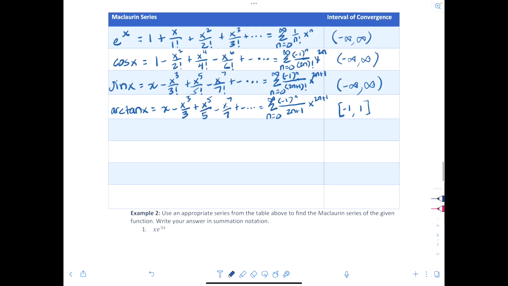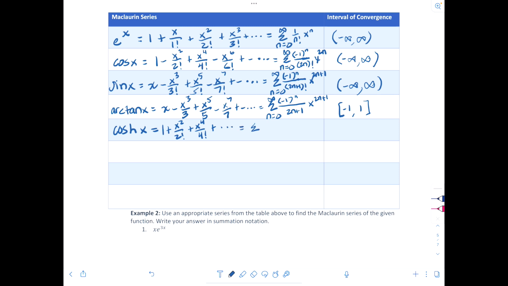And here's a couple you might not have used before, but might be useful for purposes of this class. So I'm just going to give you the formulas. This is the hyperbolic cosine and the hyperbolic sine. So hyperbolic cosine of x is going to be really similar to the cosine of x, but it's all positive. So we're going to have 1 plus x squared over 2 factorial plus x to the 4th over 4 factorial plus dot dot dot.